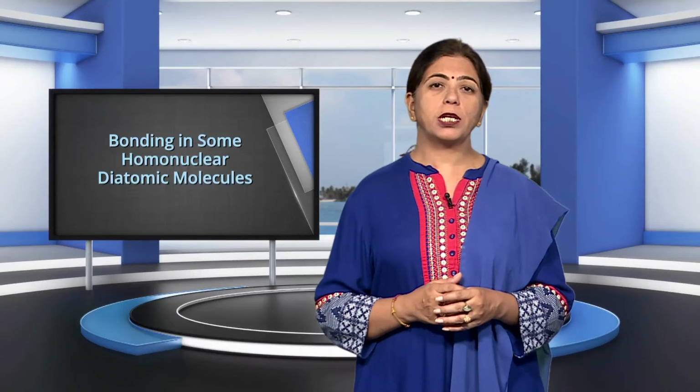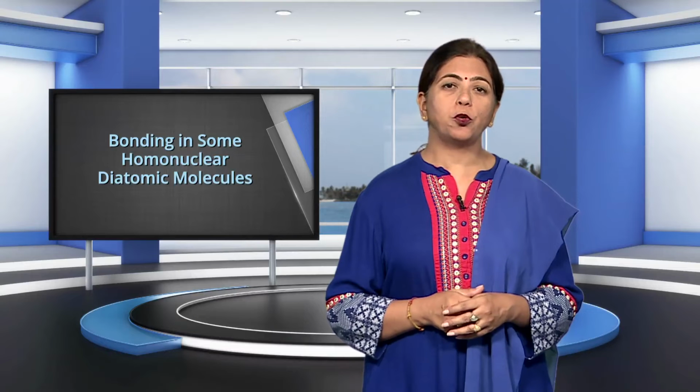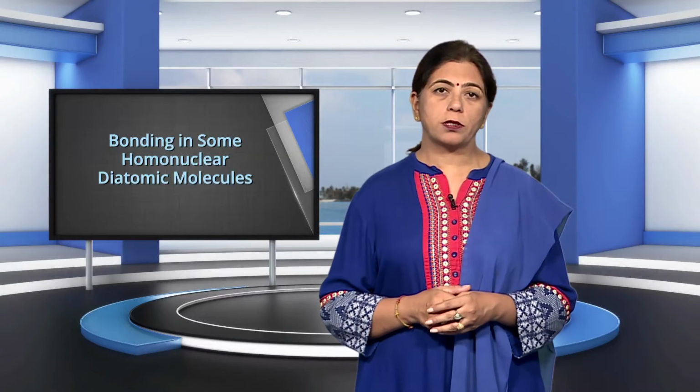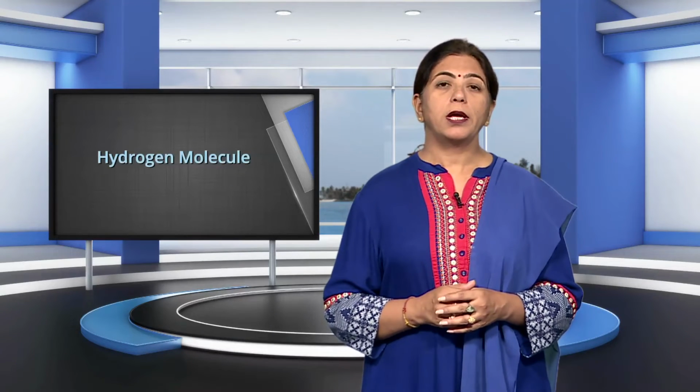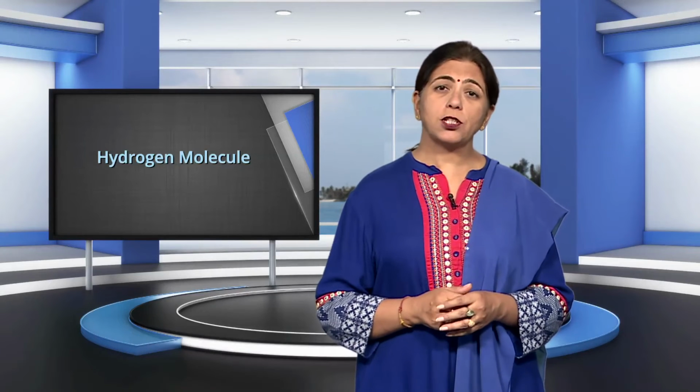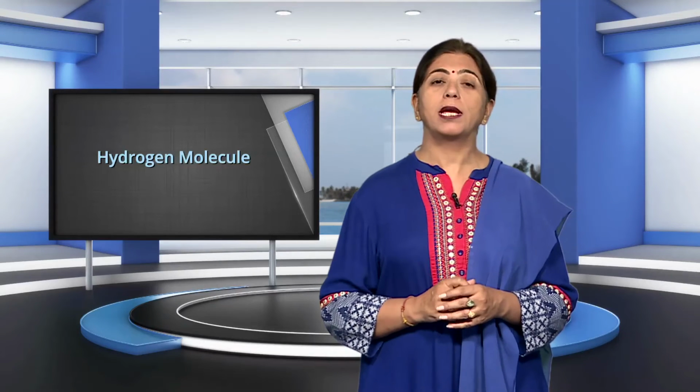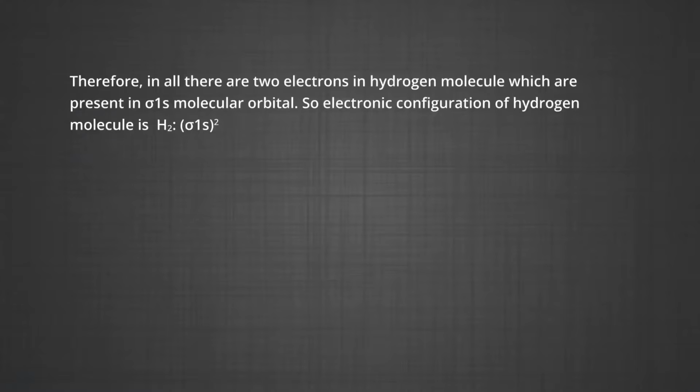Bonding in some homonuclear diatomic molecules. In this section, we shall discuss bonding in some homonuclear diatomic molecules. Hydrogen molecule. It is formed by the combination of two hydrogen atoms. Each hydrogen atom has one electron in the 1s orbital. Therefore, in all there are two electrons in the hydrogen molecule, which are present in the sigma 1s molecular orbital. So, the electronic configuration of the hydrogen molecule is sigma 1s2.